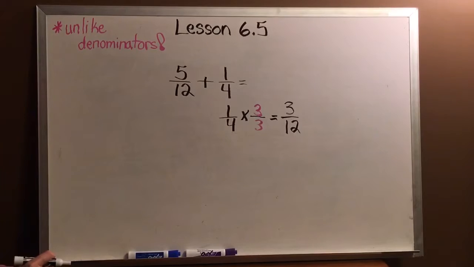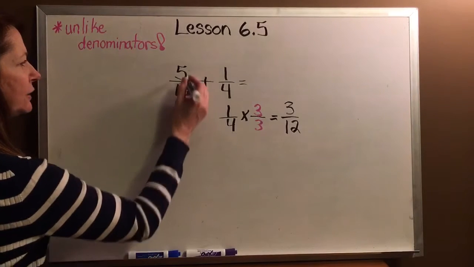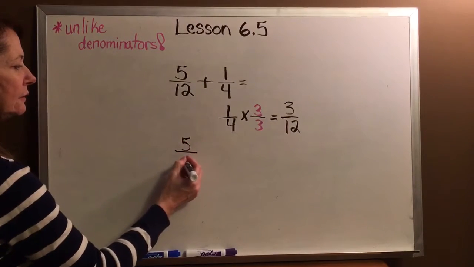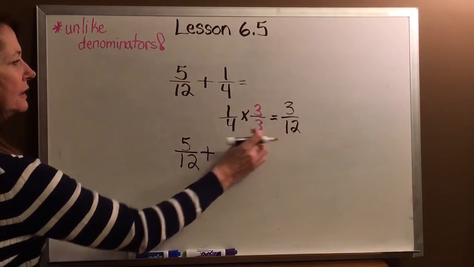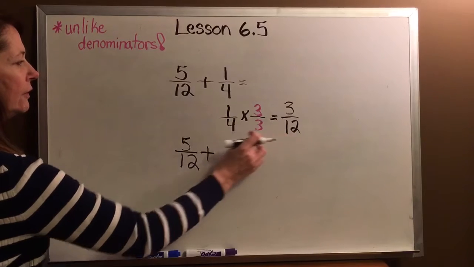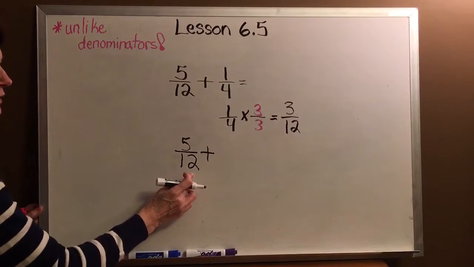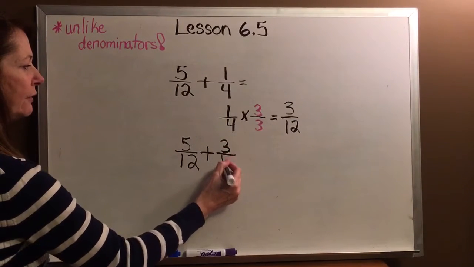Right, very good. All right, so now I can rewrite my fraction. My fraction will now be 5/12 plus, these are equivalent now, I want the one with the common denominator. So plus 3/12.